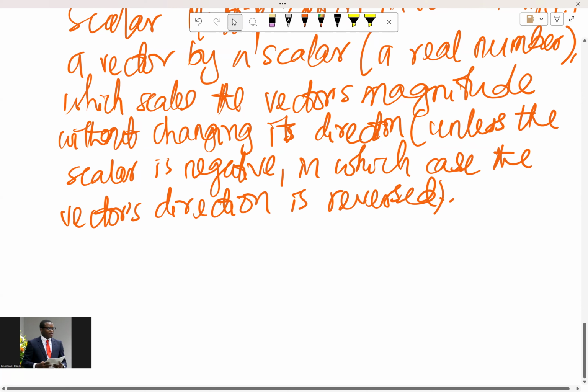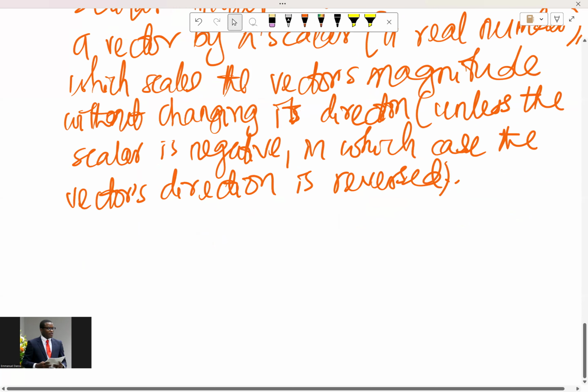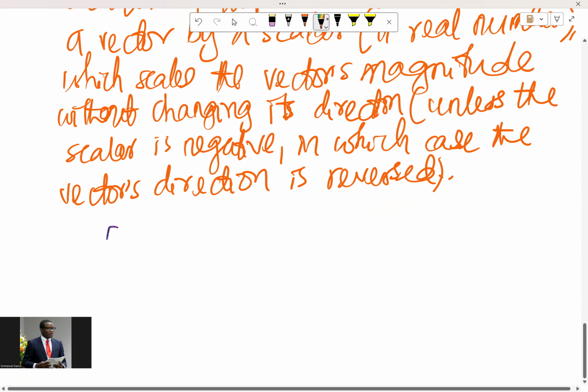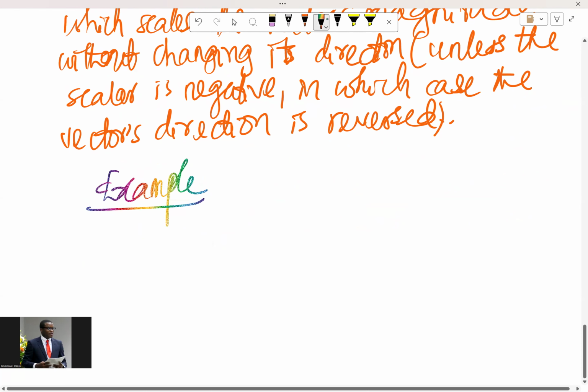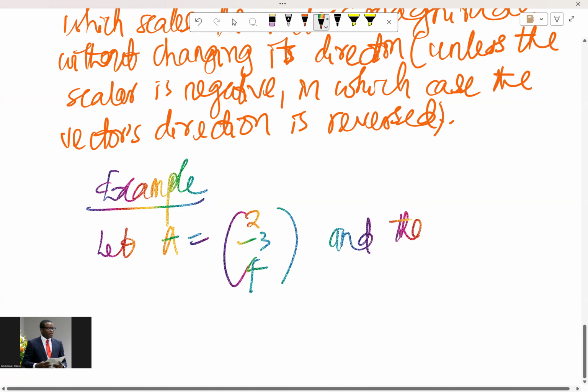For example, let A be equal to 2, minus 3, 4, and the scalar k is equal to 3.